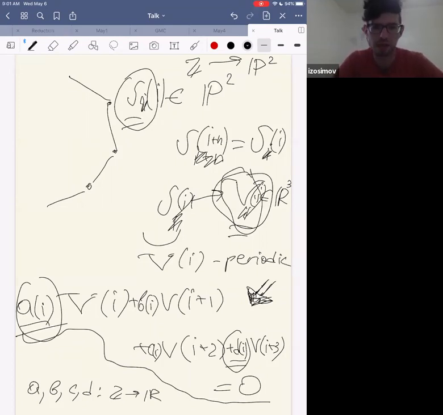So A, B, C, and D are periodic functions, functions from Z to R, and they're n-periodic. And as Vale indicates, these A, B, C, and D are not unique, simply because the choice of the lift is not unique.